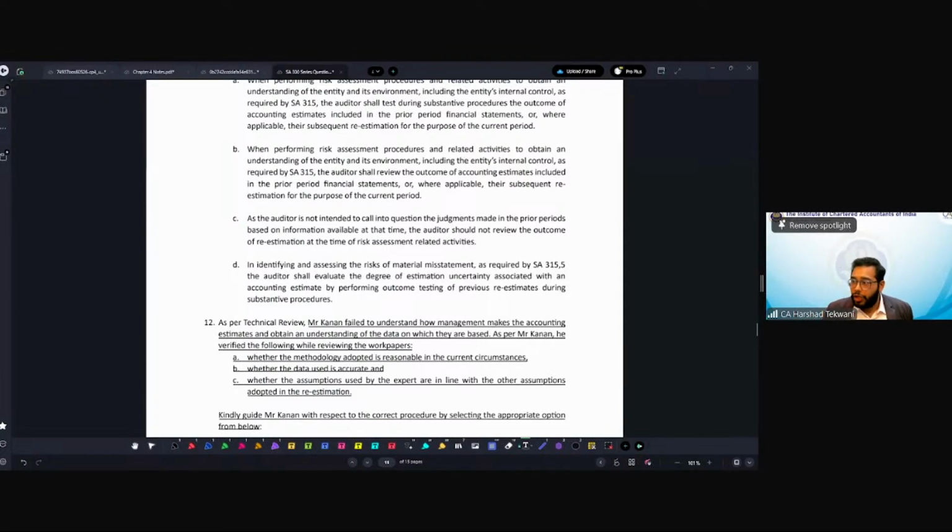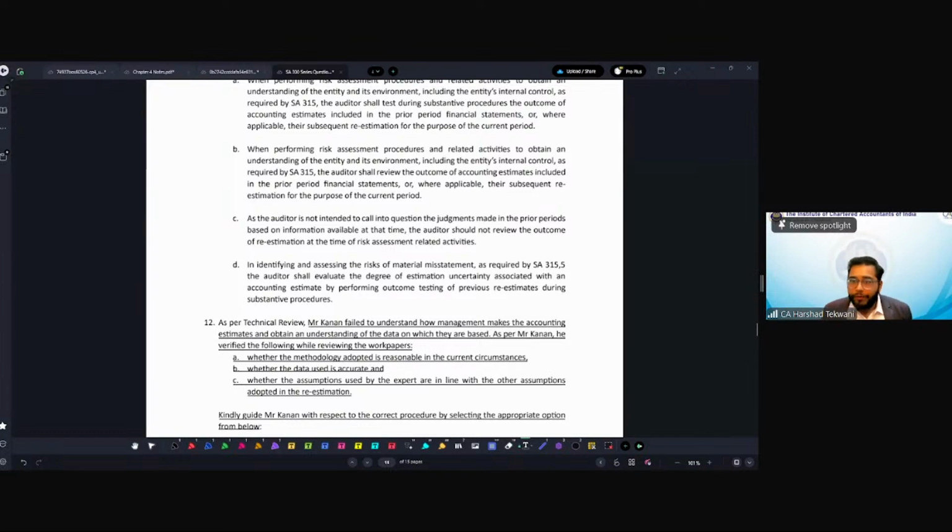If there is a change, what are the circumstances that have brought the change? Second, whether the events occurring up to the balance sheet date or the auditor's report date have been considered. Third, whether the assumptions used are appropriate or not. Fourth, relevant controls around the process. Data used is complete or not: not only accurate, but whether the complete data has been used.